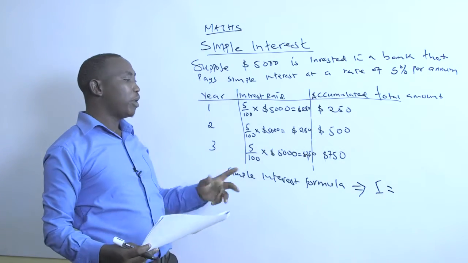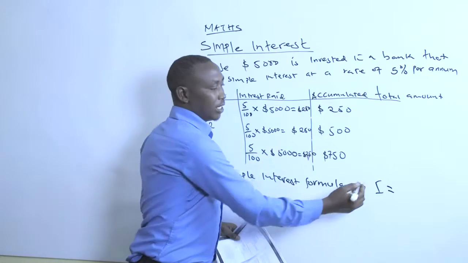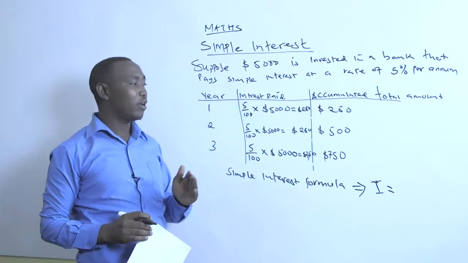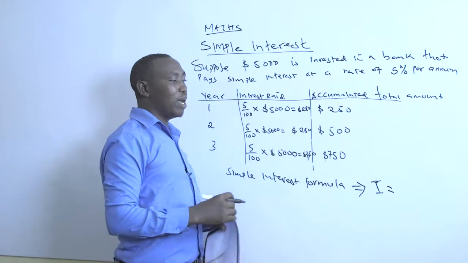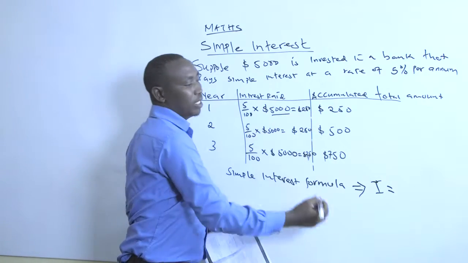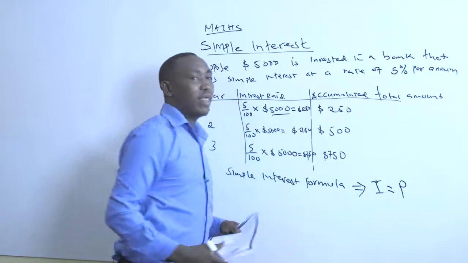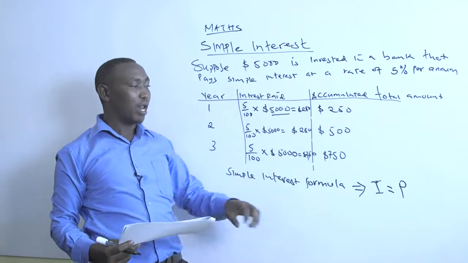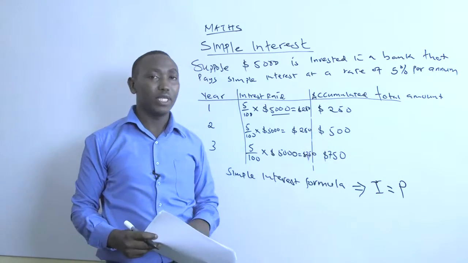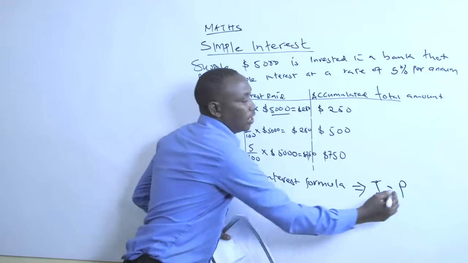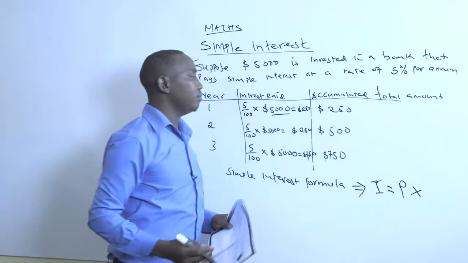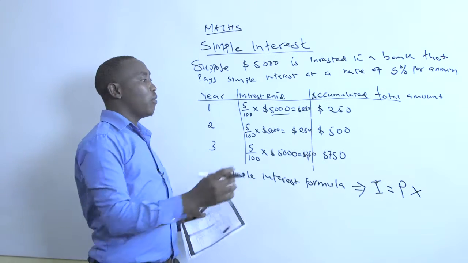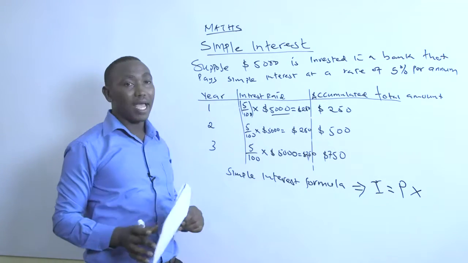Now with the simple interest formula, interest at the end of a given number of years or at the end of a given period of time is normally given by the principal. The amount invested or borrowed is normally referred to as the principal. In this case, we want to refer to it as P, multiplied by rate. In this particular case, we are going to have rate as a decimal.